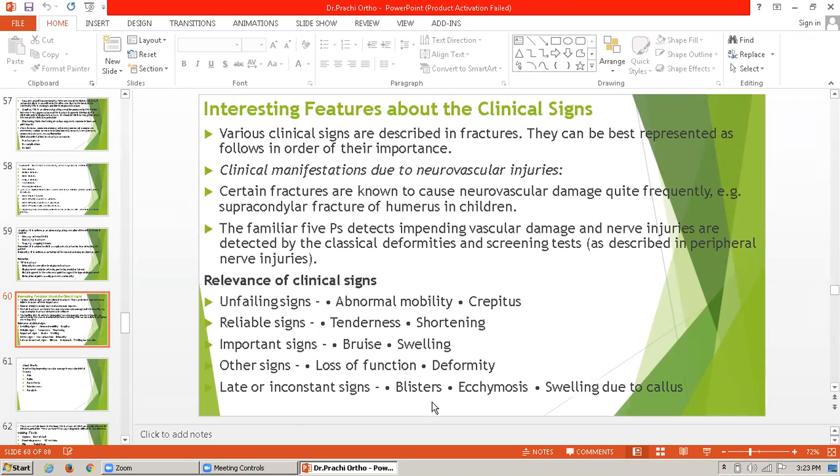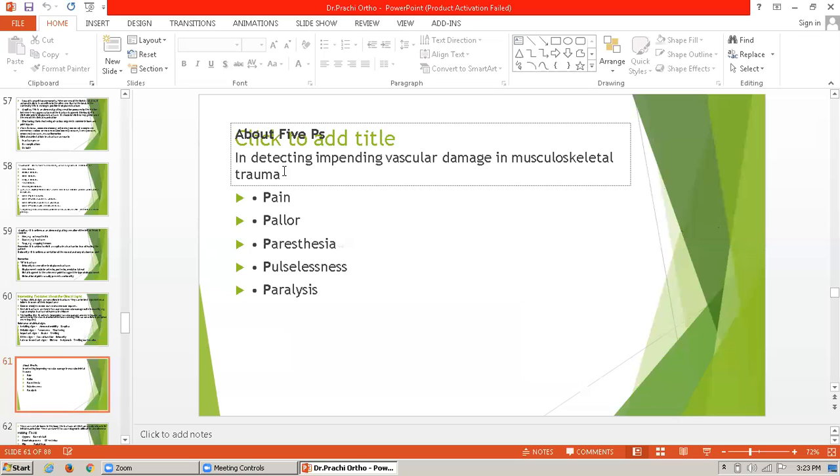Other signs are loss of function and deformity. The late or inconstant signs are blisters, ecchymosis, and swelling due to the fracture. Then about the 5 Ps, in detecting impending vascular damage in musculoskeletal trauma: pain, pallor, paresthesia, pulselessness, and paralysis.